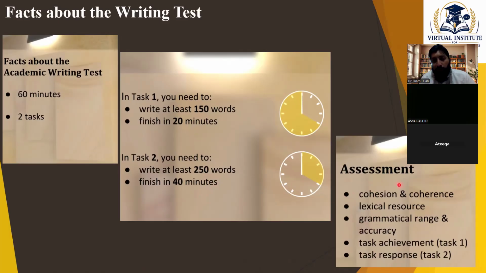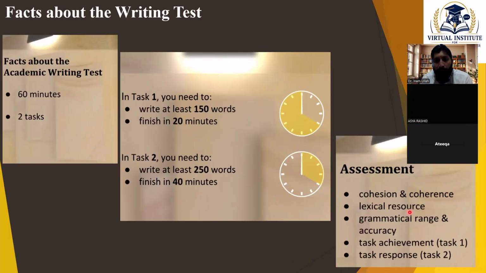The assessment criteria is that the examiner will be looking at the cohesion and coherence. They'll be looking at the grammaticality and overall connection of ideas, whether whatever you have written is relevant to the topic that is being discussed or given to you or not, right?